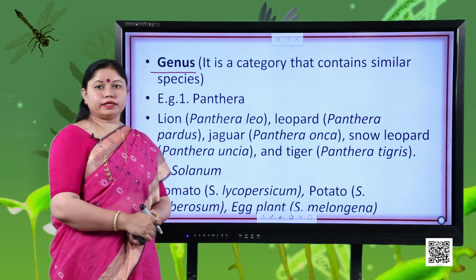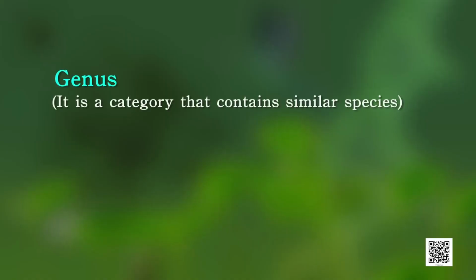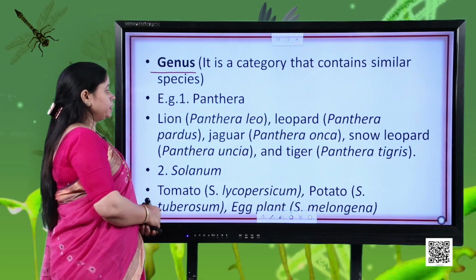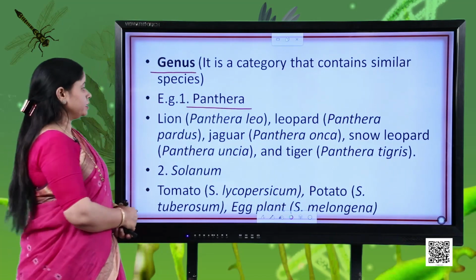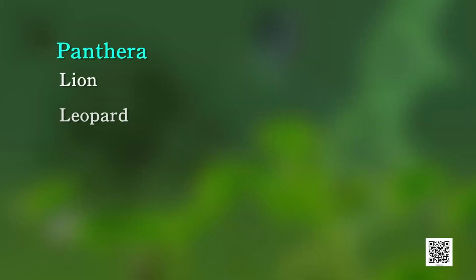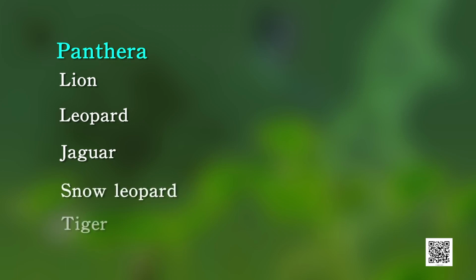One of the taxonomic categories is genus. Genus is a category that contains similar species. For example, Panthera is a genus that contains species which include lion, leopard, jaguar, snow leopard and tiger.